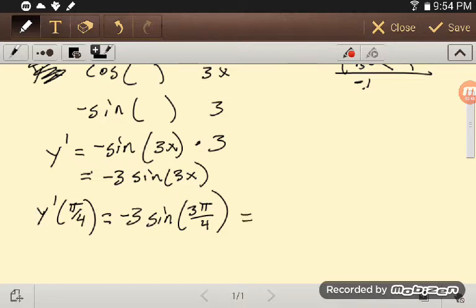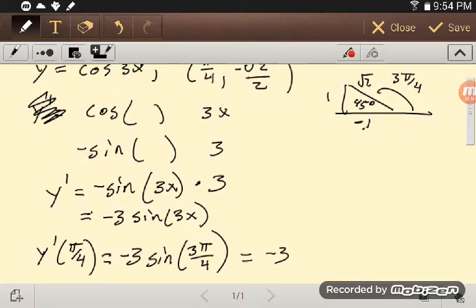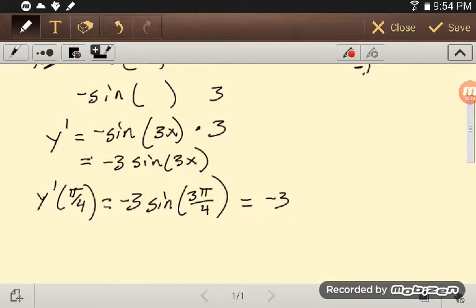So that's negative 3 times, well, it's that same reference angle, but the sign is positive there, so we could write it as the square root of 2 over 2. And so that's our number, minus 3 times the square root of 2 over 2.